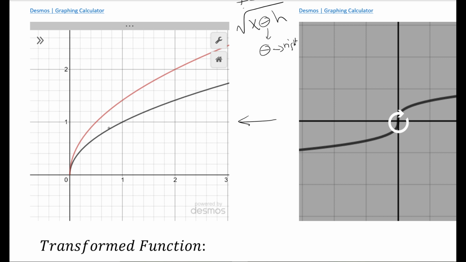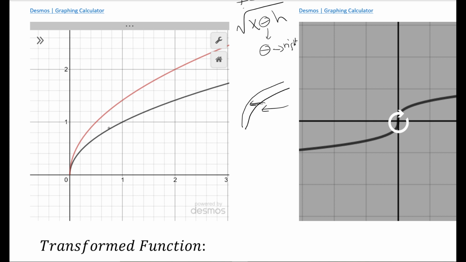When you compress it in the x direction, you're pushing it, and so the graph ends up going like this. It's getting smaller in the x direction, so it kind of blows out in the left direction. So this is actually a horizontal compression.